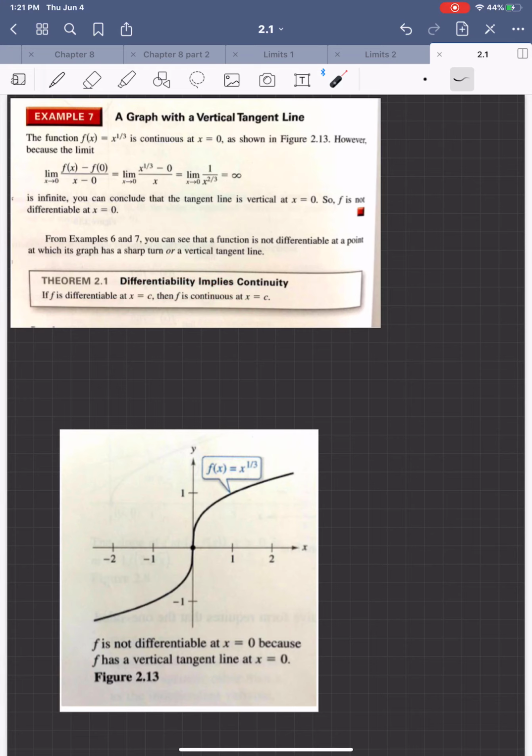So you can find the derivative, the rate of change, anywhere you want, except at 0, and you can see this vertical tangent line. The derivative, which is a slope, a rate of change of a tangent line to a curve at a point, would be a vertical tangent line, which would have a slope that is undefined.